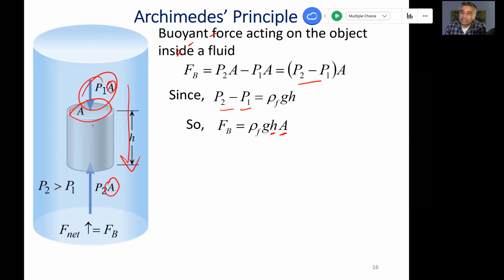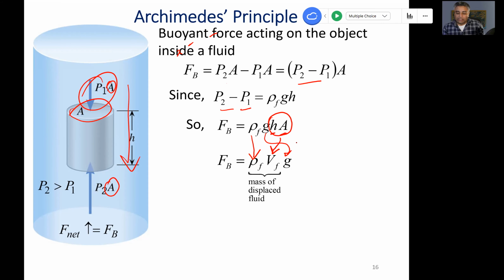The product of height and area for the cylinder is the volume. So this is volume, that's volume. That's density, and g is right there. I haven't done anything. So density is there, and volume I got by replacing these two products.